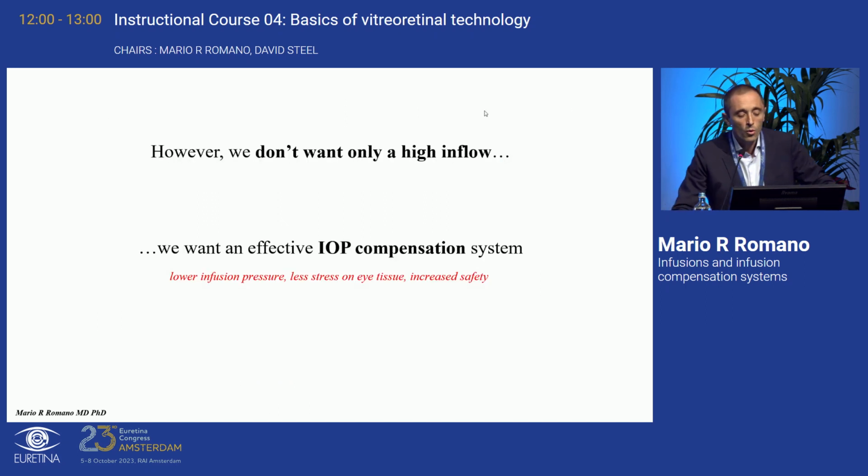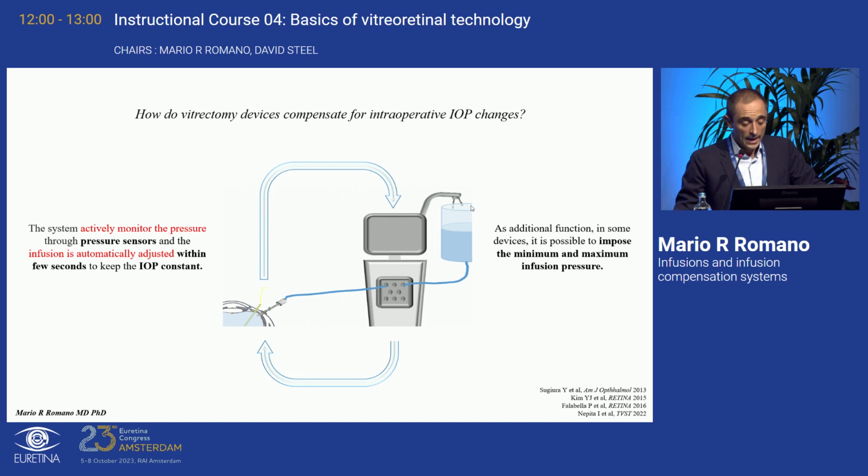But we don't want just a high flow. We also want an IOP compensation. Right now, the vitrectomy device compensates the intraoperative IOP changes with active monitoring of the pressure through the pressure sensor, and then the infusion is adjusted within a few seconds to try to keep a constant IOP.